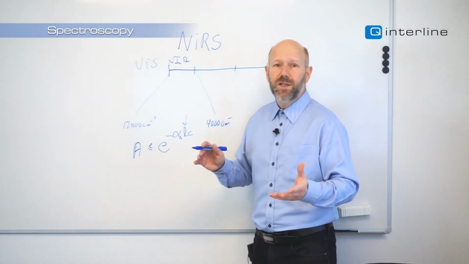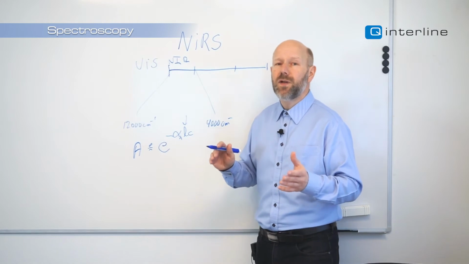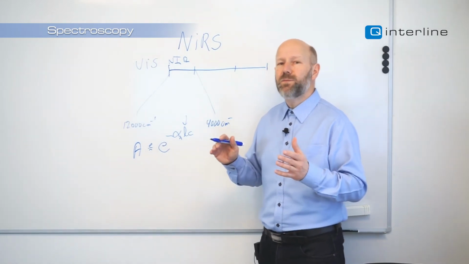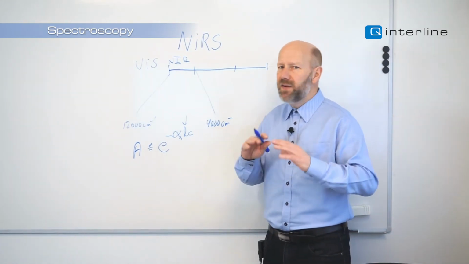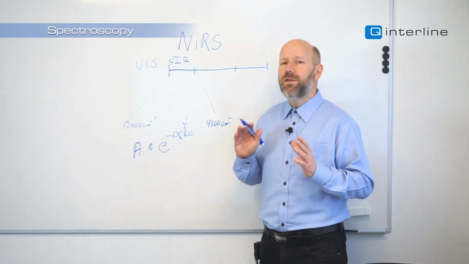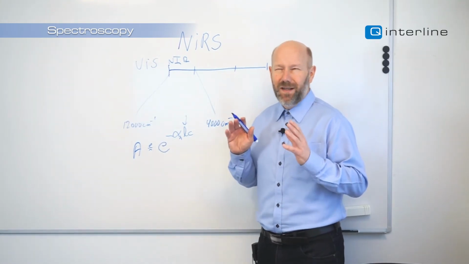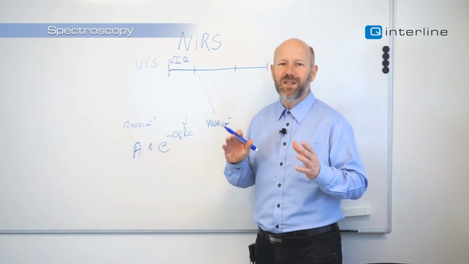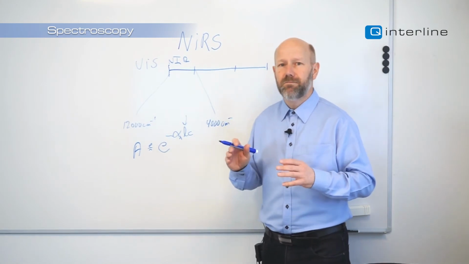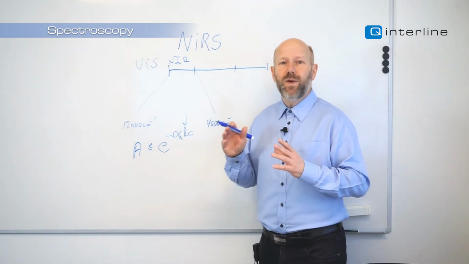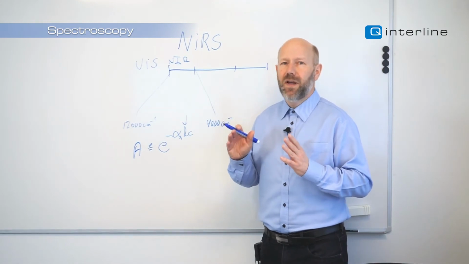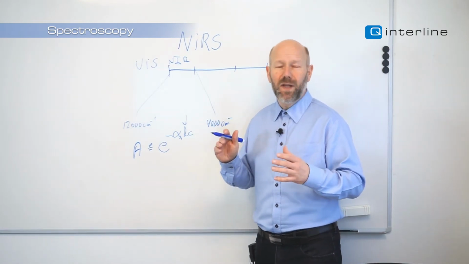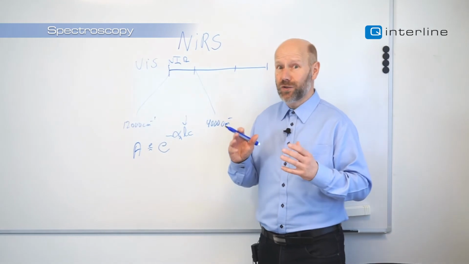The near-infrared region offers us a few other advantages, and they become evidently important. One of the things is that NIR light travels in glass, whereas in the mid-infrared, we cannot have normal glass. We have to work with salts.